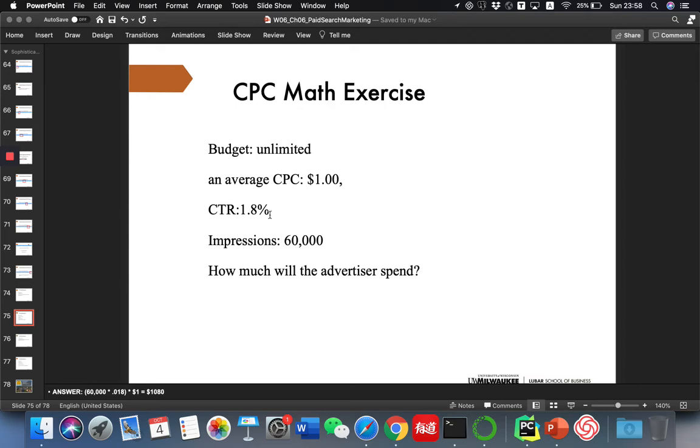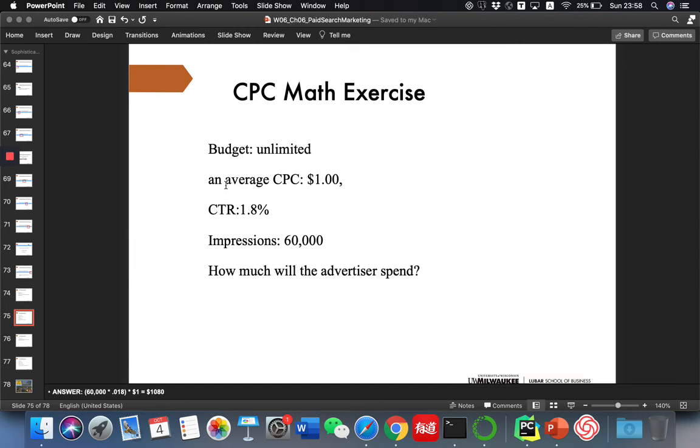So with the CTR 1.8% and the number of impressions 60,000, multiplied by each other, we will get the number of clicks, 1080 clicks.